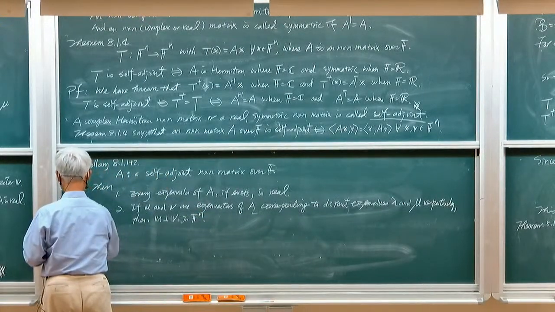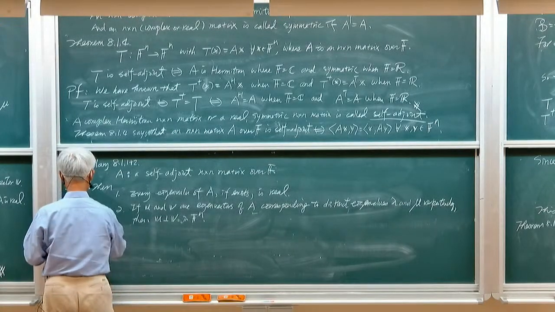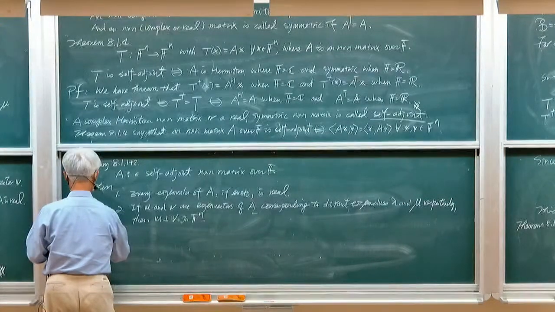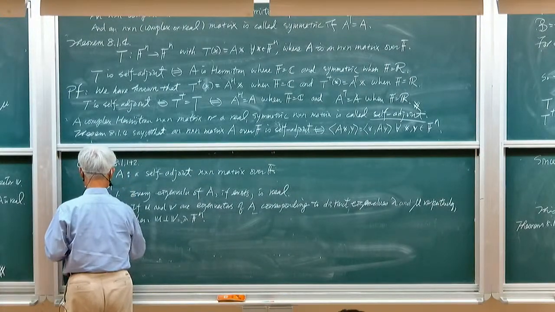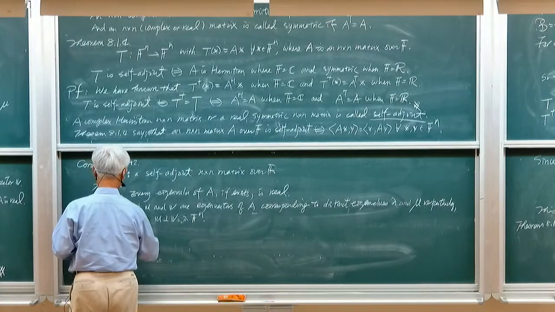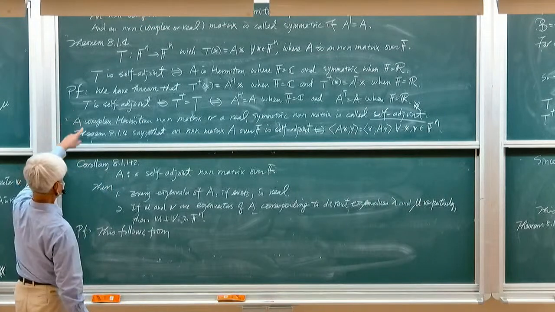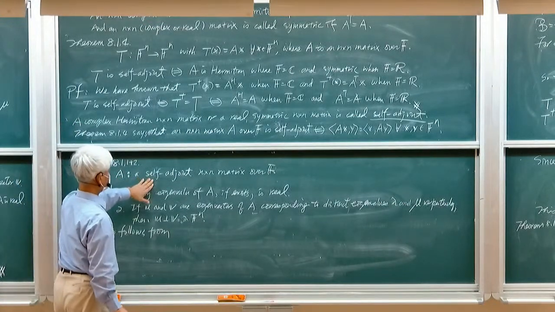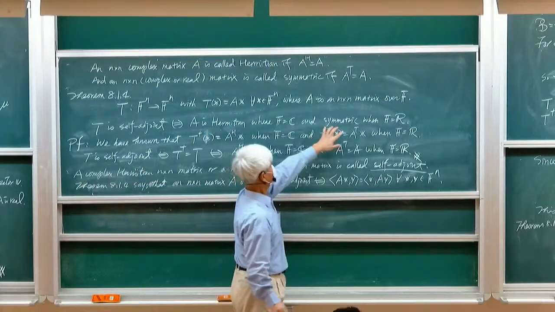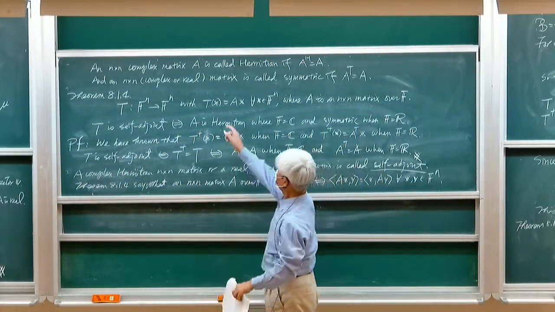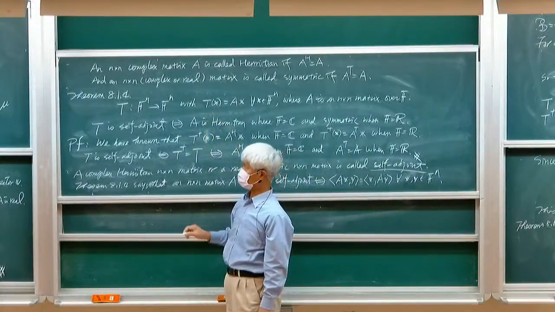And the proof is easy. This follows from: A is self-adjoint if and only if this T is self-adjoint.